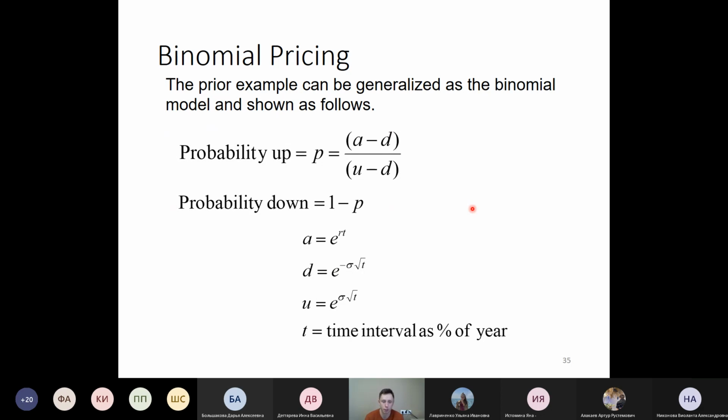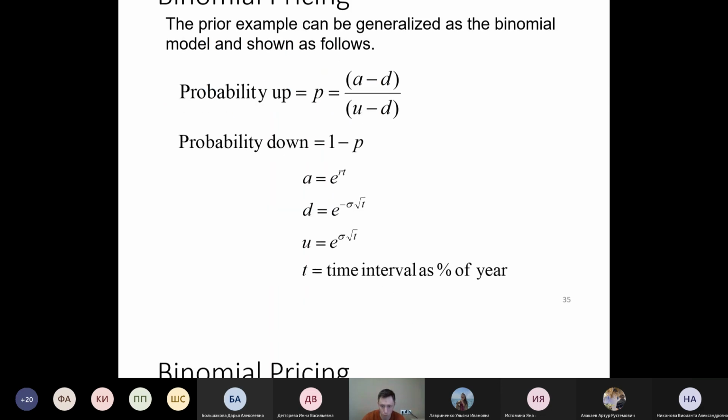We can estimate the probability of the stock price going up by historical data on the volatility, the information on the interest rate, and the rest, like T, depends on the period we consider. This is something that is determined by the exercise we work with. With this data, we can estimate the probability of the stock price going up.